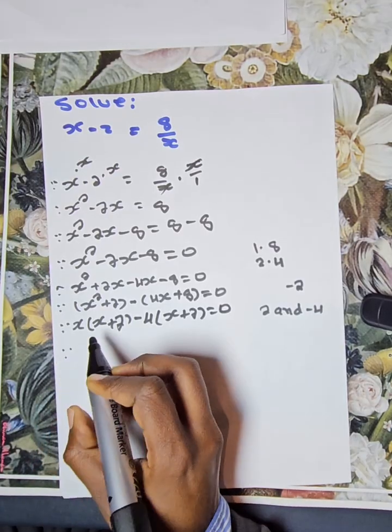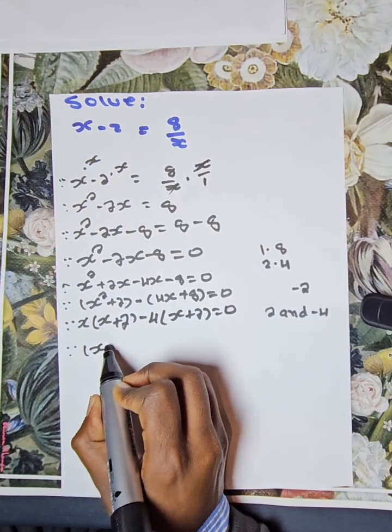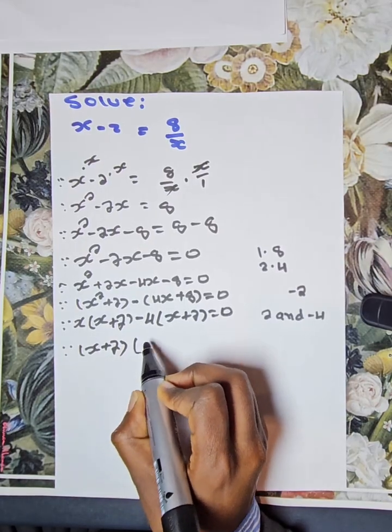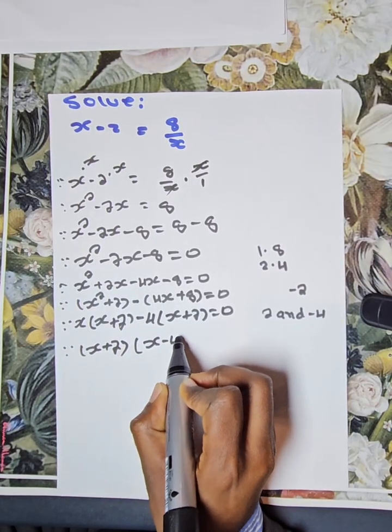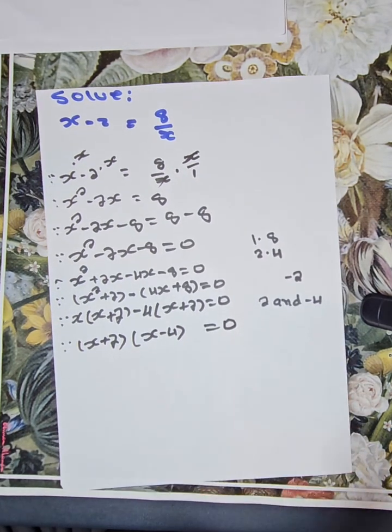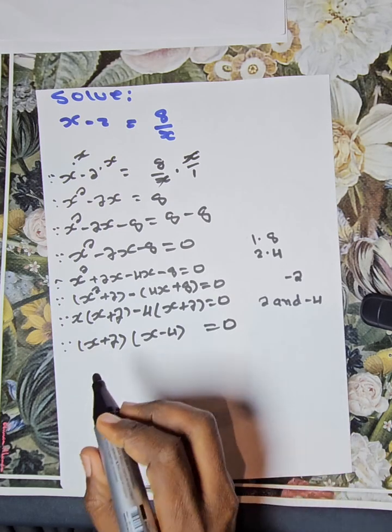Now we have identical brackets, therefore take out x plus 2 as a common factor, and then x minus 4, and all equal to 0. Now you factorized and you have it in factor form, all equal to 0.